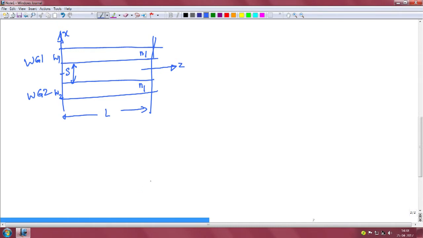So, the refractive index profile can be written as follows: along the x direction, I will take the origin to be the middle of this structure, and the refractive index is N2 in the substrate. So, we can write the refractive index profile as follows.